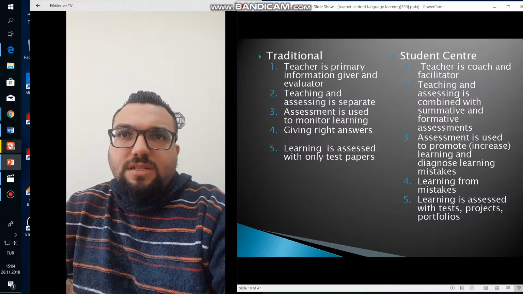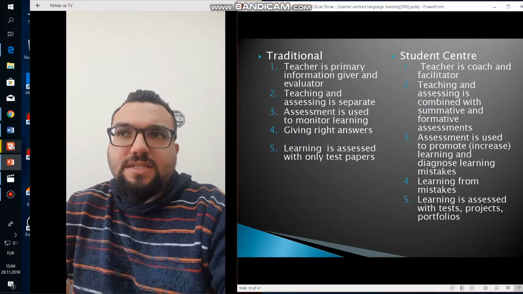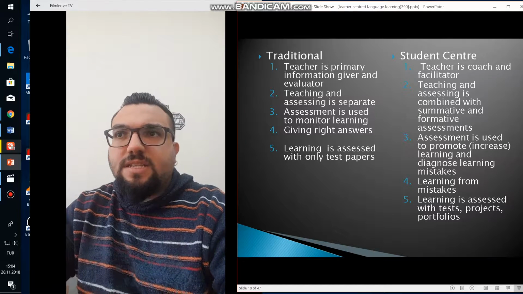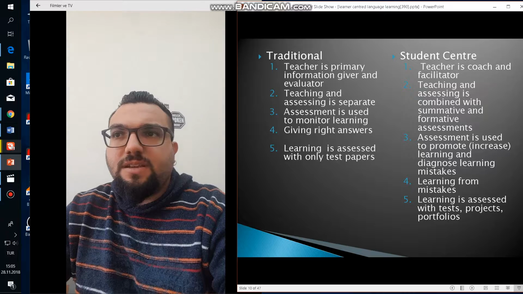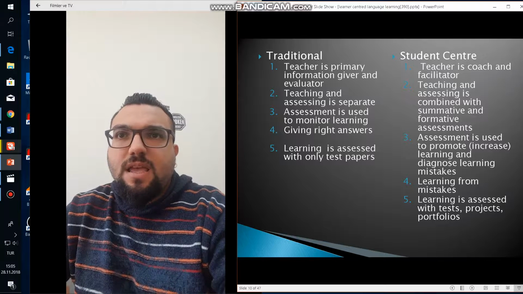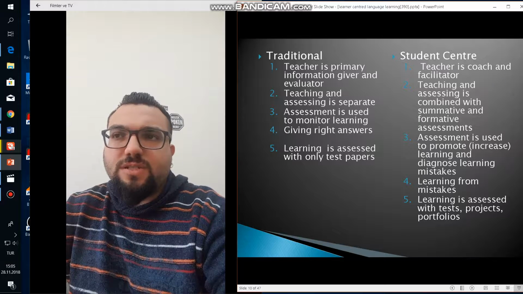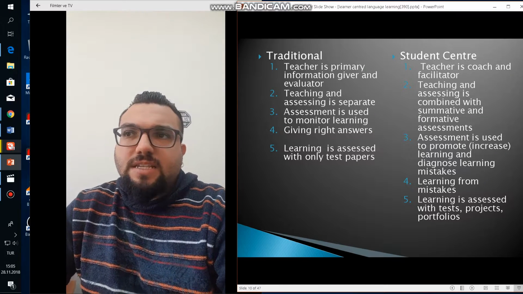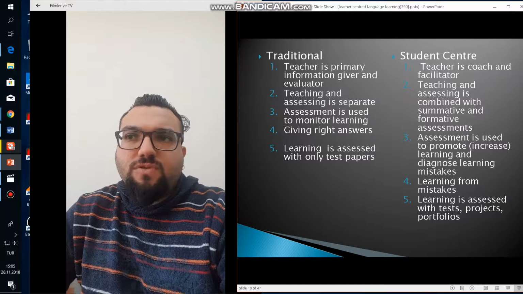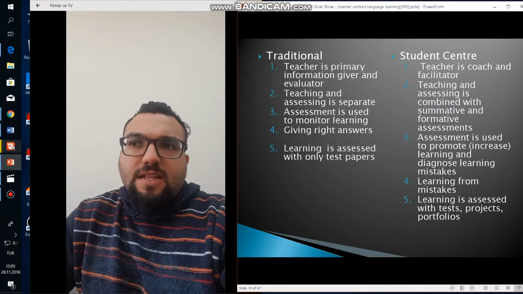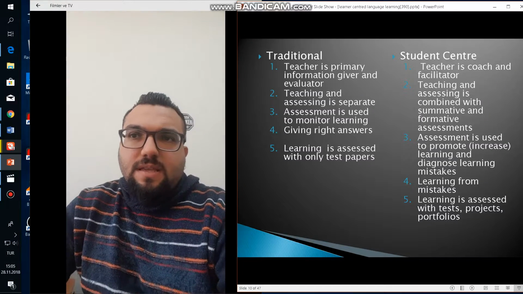For traditional, teaching and assessing are separate. For student-centered, teaching and assessing are combined, with summative and formative assessments. Assessment is used to monitor learning. For traditional learning, assessment is used to audit learning, and for student-centered learning, to increase learning and diagnose learning mistakes.